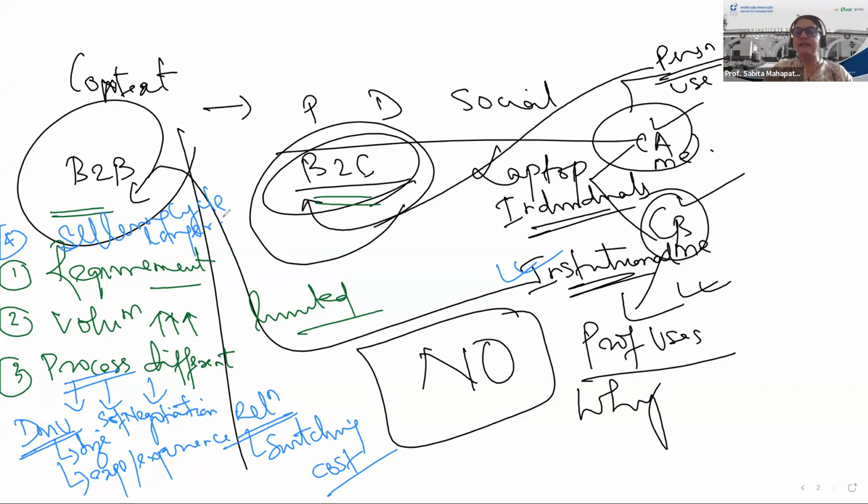You cannot be restless, so it takes a lot of time. Hence, the salespeople who would be recruited, trained, and deployed for B2B would be very different from the salespeople who will be pitching their sales for B2C. Yeah, that's the difference. Any other difference?